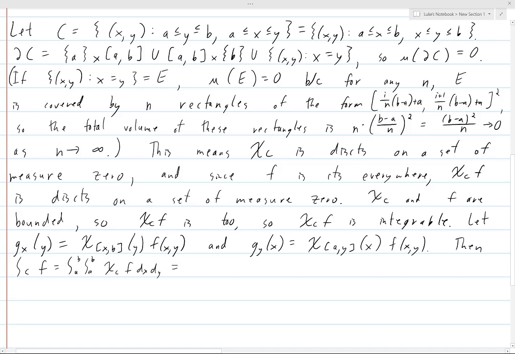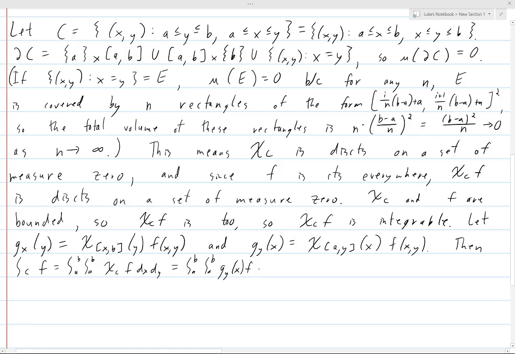So what this means is that we're doing this integral from a to b. Now when we're integrating dx, that means we have a fixed y. So we're doing g_y of x. Well, let's just write out this extra step.